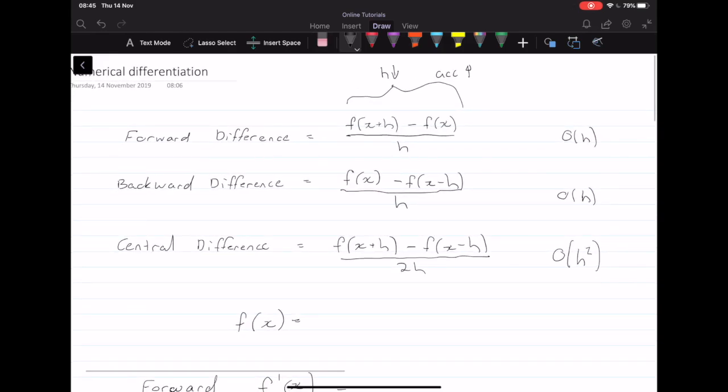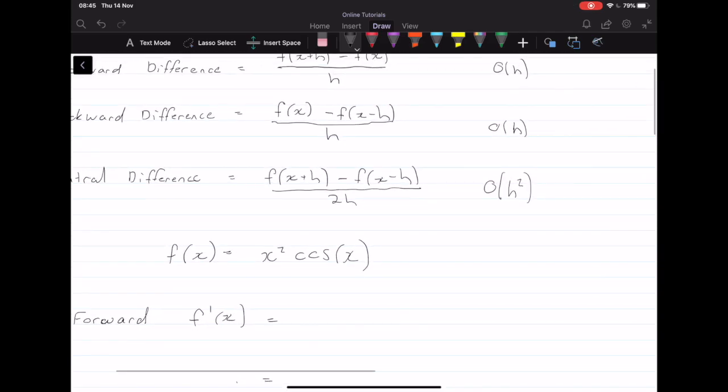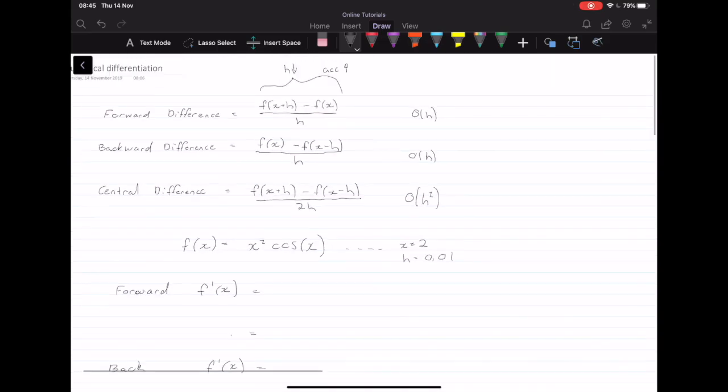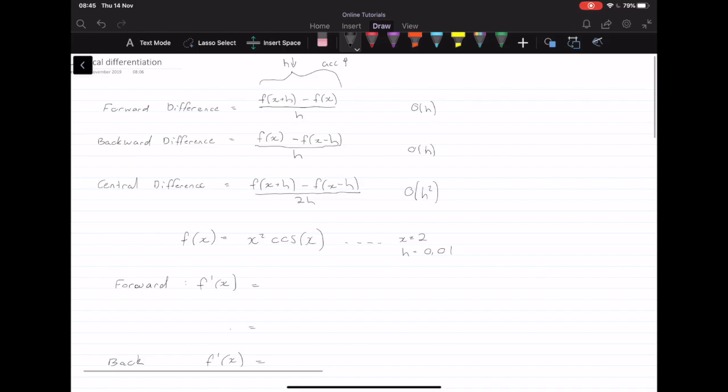Let us try an example, x squared cos of x. Let's say we want the derivative at x equal to 2, with step size h equals 0.01. Using the forward equation, everywhere that I see x in this equation, I have to insert x plus h.